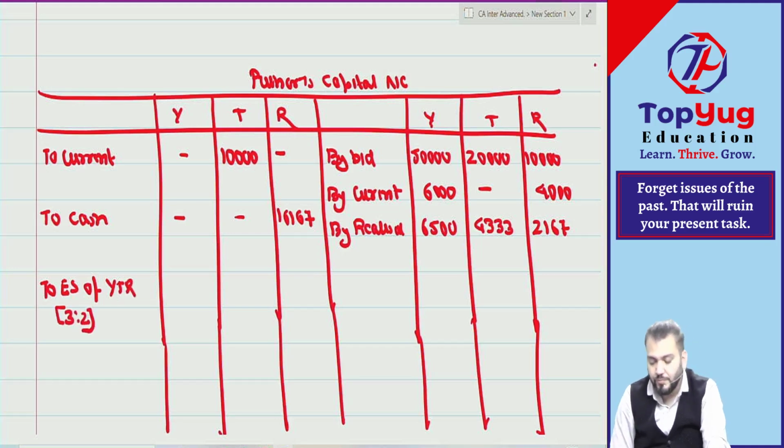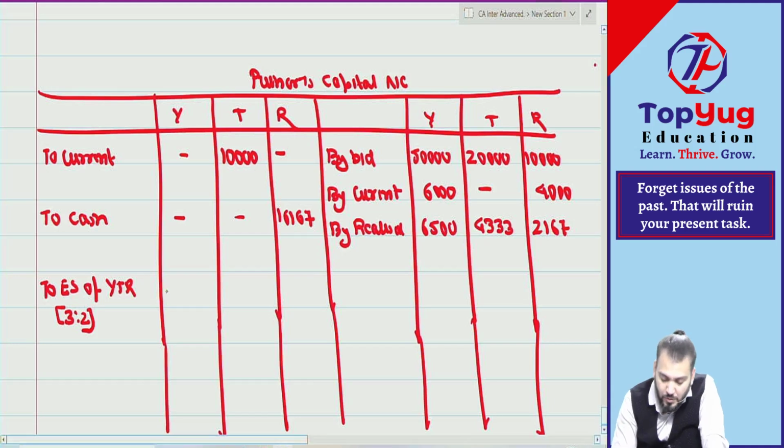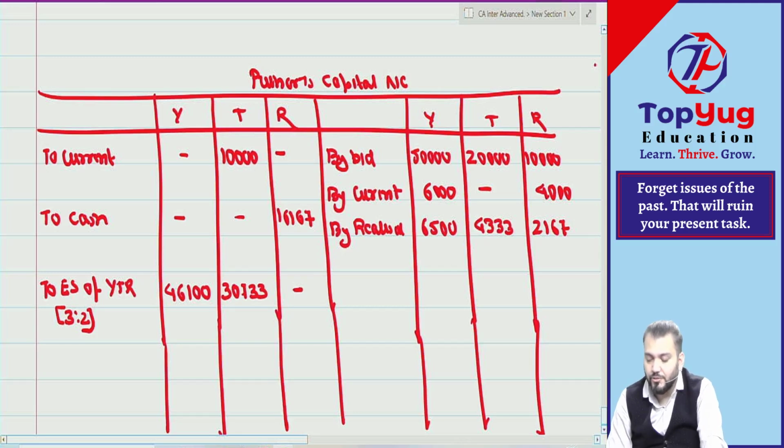Distribute 46,100 and 30,733. Understood? Correct.